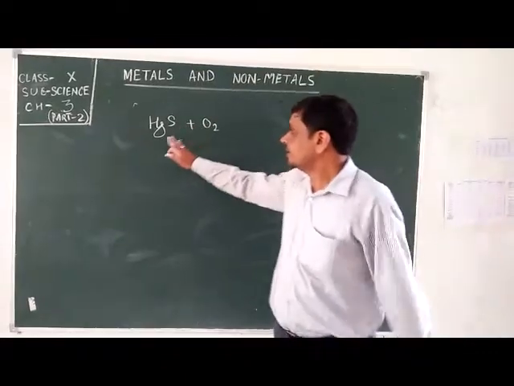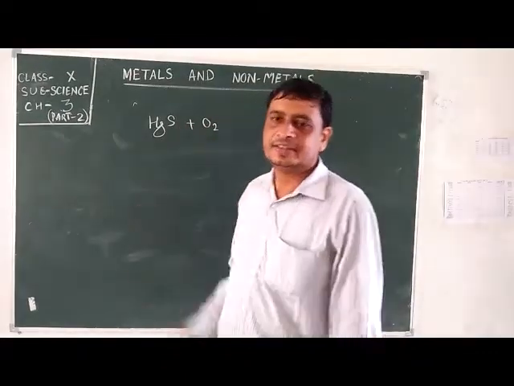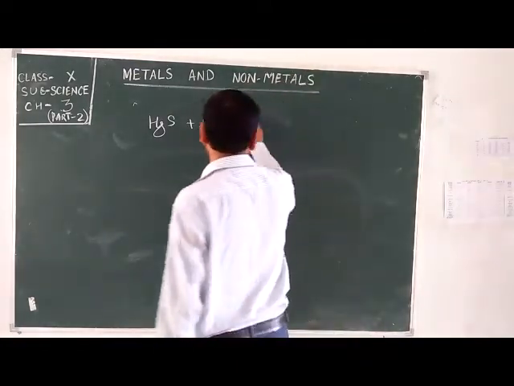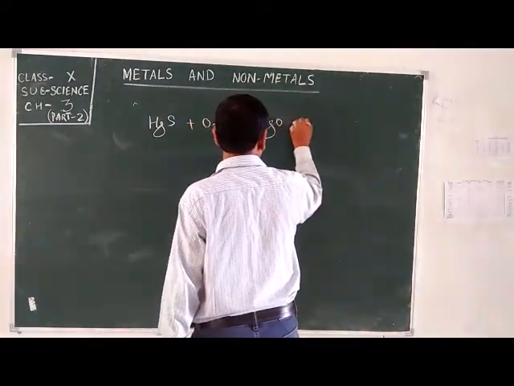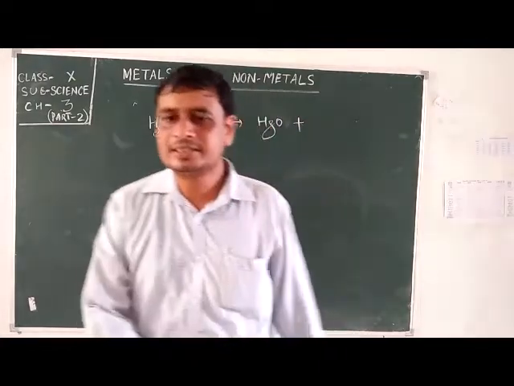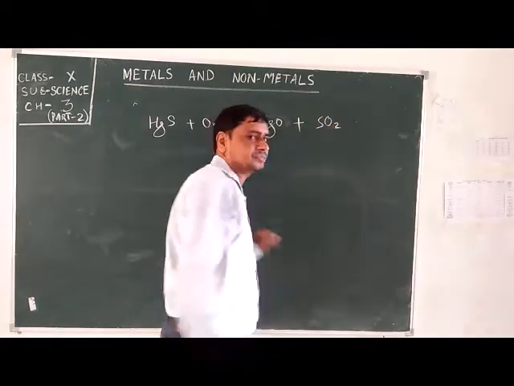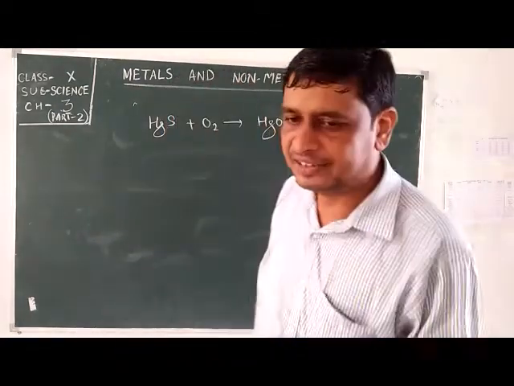When this mercury sulfide is heated in the presence of oxygen, it gives mercury oxide plus sulfur dioxide.